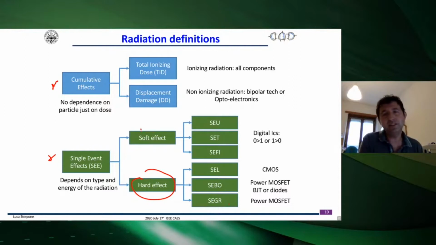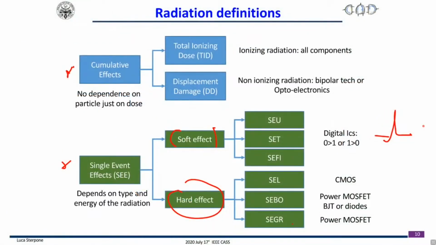Then the other effect that is extremely relevant is the soft error. Soft error is a category of phenomena that is subdivided into three major classes. The upset, typically referring to the modification of a memory cell from 0 to 1 or 1 to 0. The transient, which means that we will have a spike inside of the signals that can propagate and eventually create problems later.